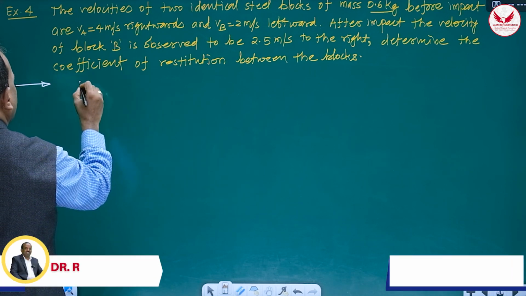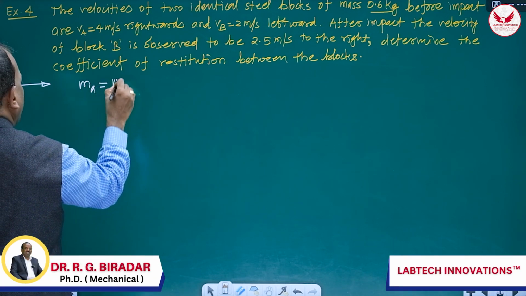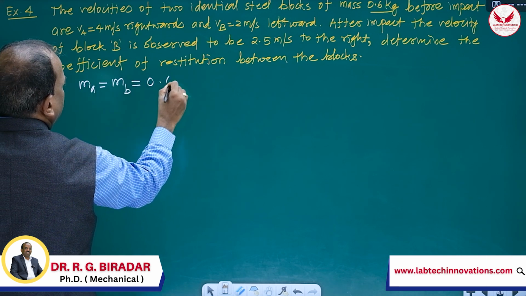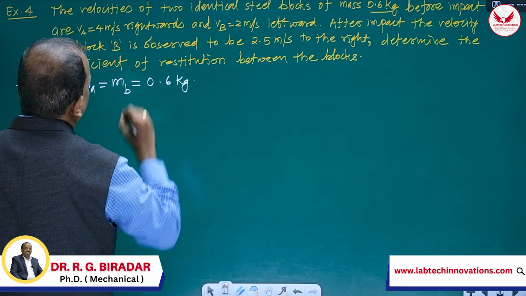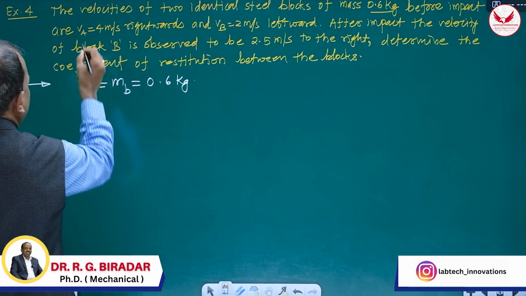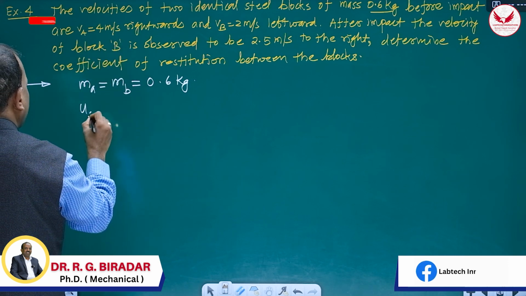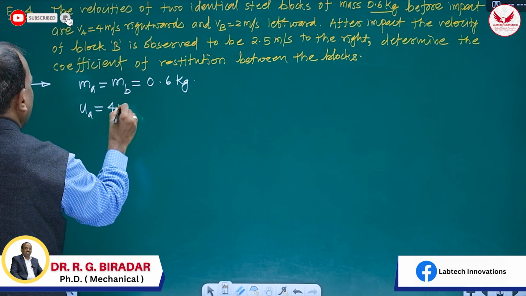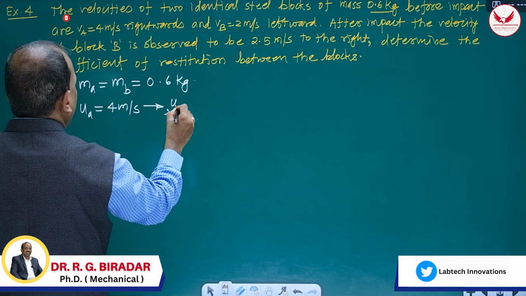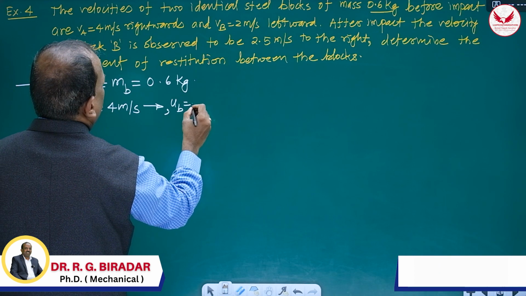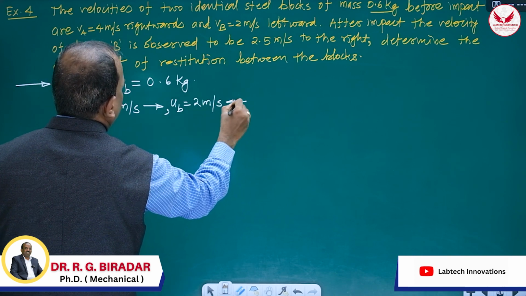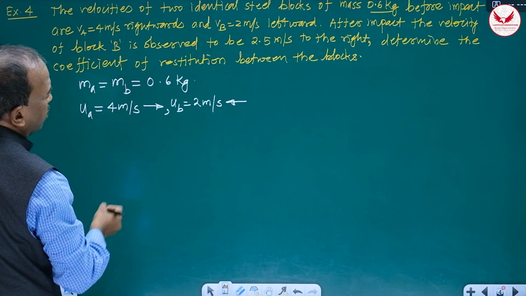Two identical balls means their masses are the same, MA is equal to MB, 0.6 kg. Velocities before impact: UA is 4 meters per second towards right, and UB is 2 meters per second towards left. If we take right as positive, it will be negative.